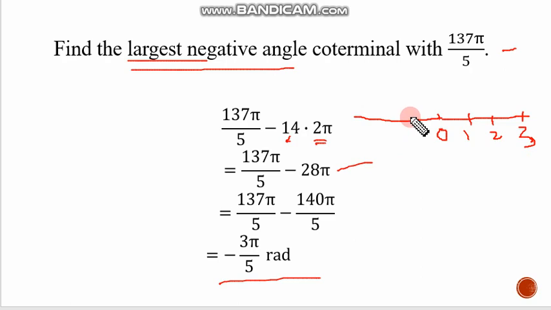In negative numbers, the number with the smaller magnitude is bigger. Negative 1 is bigger than negative 3, and 0 is bigger than negative 1. That's how negative numbers work. So the largest negative angle is the one that is closest to 0, not closest to negative 1 million.